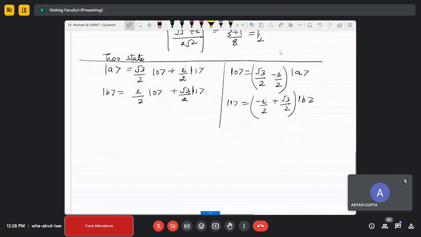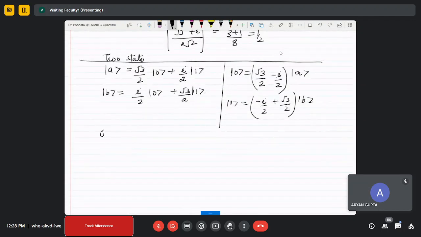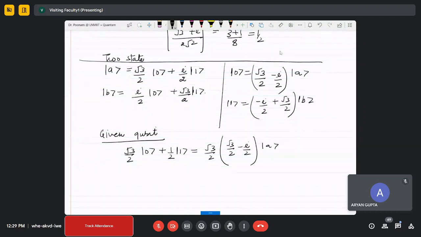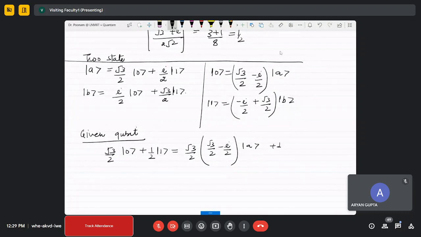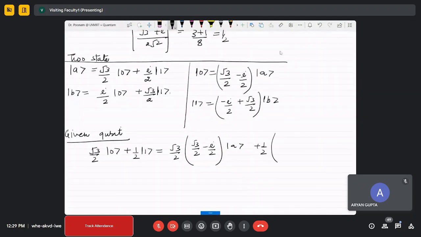Okay. Now the given qubit, your given qubit is equal to plus 1 upon 2.